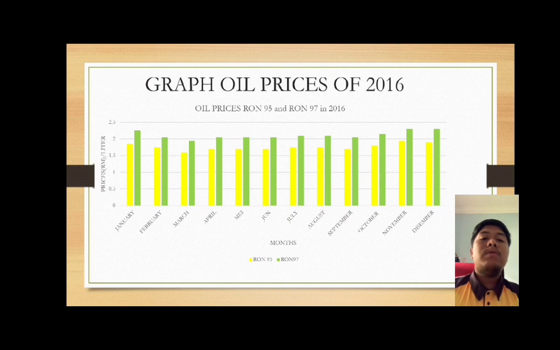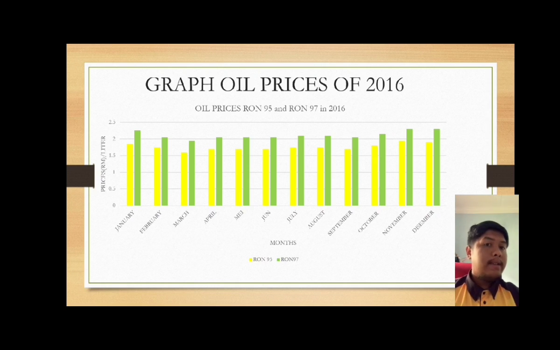Today I want to present about the graph bar of oil prices in 2016 between RON 95 and RON 97. The graph shows the price of month January to December.